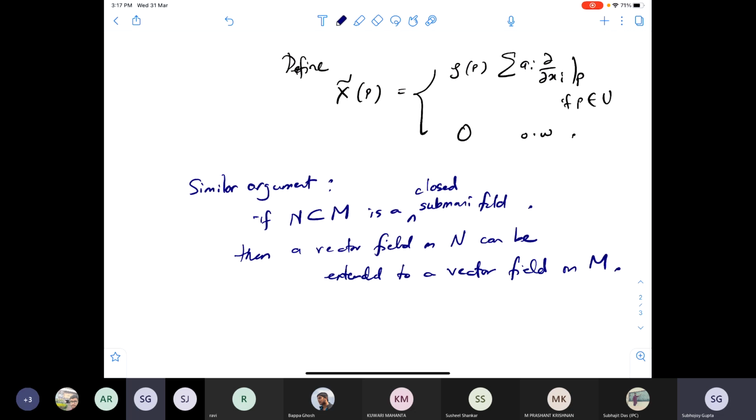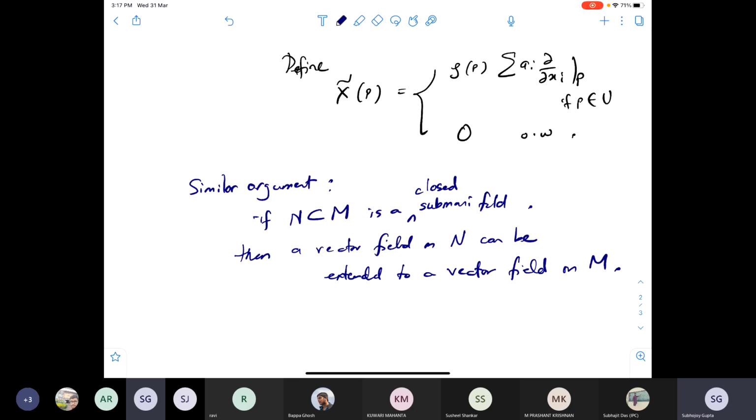You cover it with suitable open charts in which the submanifold looks nice. A submanifold always looks like a slice, right? And then you use a bump function to extend it everywhere. All right, so this is a useful fact that we'll use quite often.